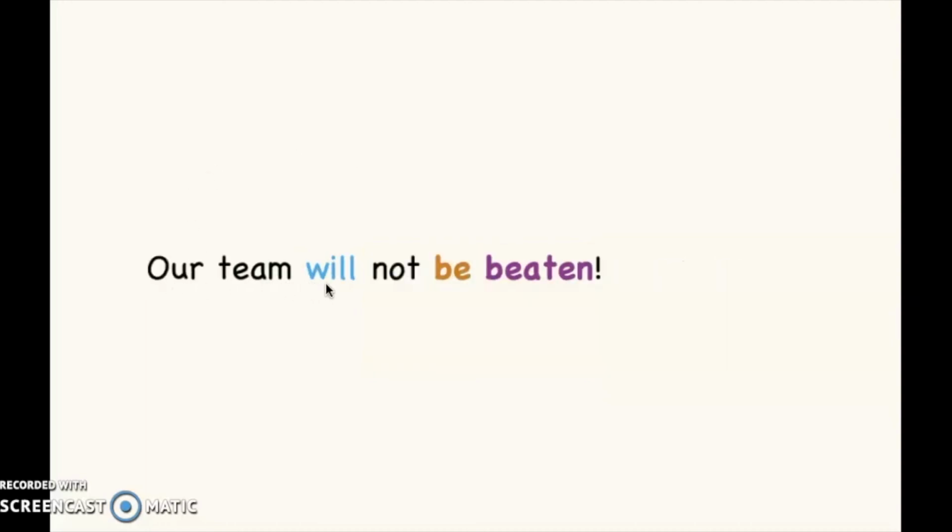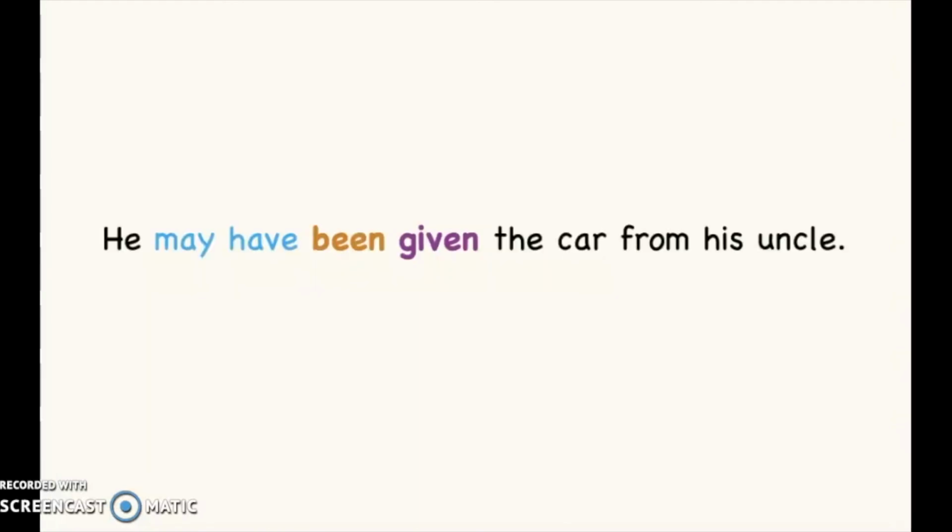Our team will not be beaten. Will is a helping verb, and not is an adverb. But here we have be, which is our form of be, and beaten, which is a past participle. So this is passive. He may have been given the car from his uncle.